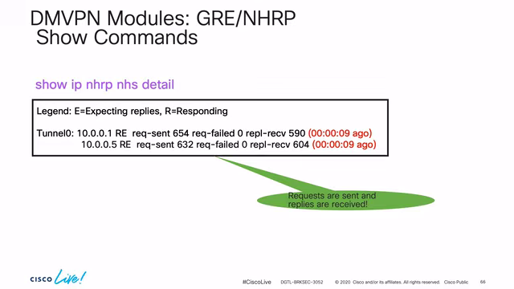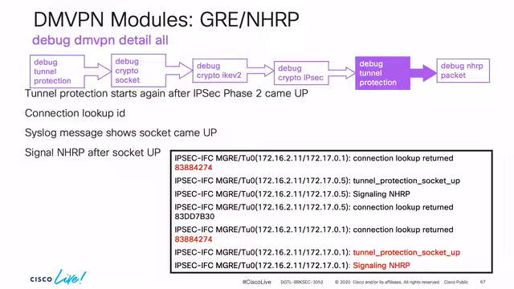So now that we've gone through the different configuration commands and the show commands in the specific module with respect to the GRE and the NHRP components, let's take a look at the debug options that we have. As I mentioned earlier, you can use a single debug to troubleshoot even NHRP.